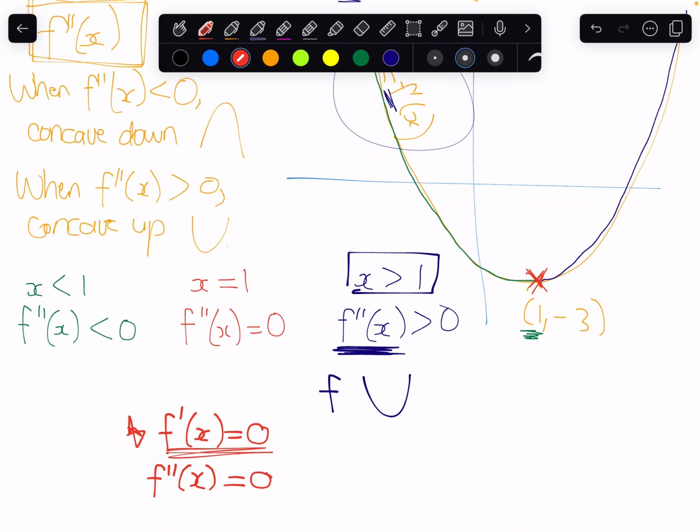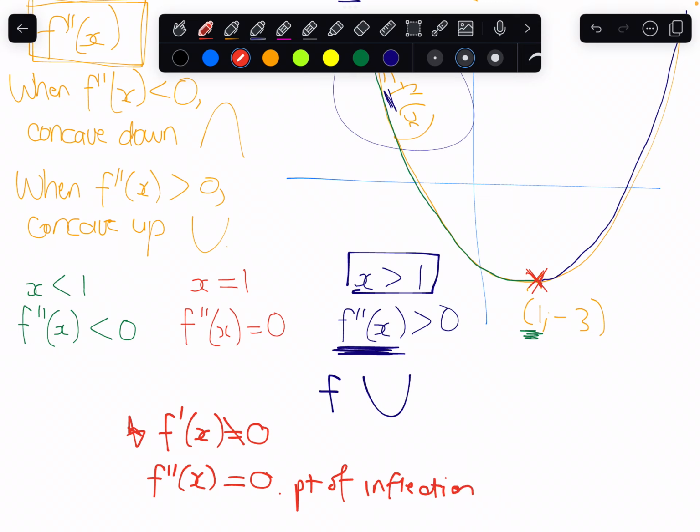But if we have a situation where the first derivative f prime x is not equal to 0, but f double prime x is equal to 0, then we know that we just have a point of inflection, right?